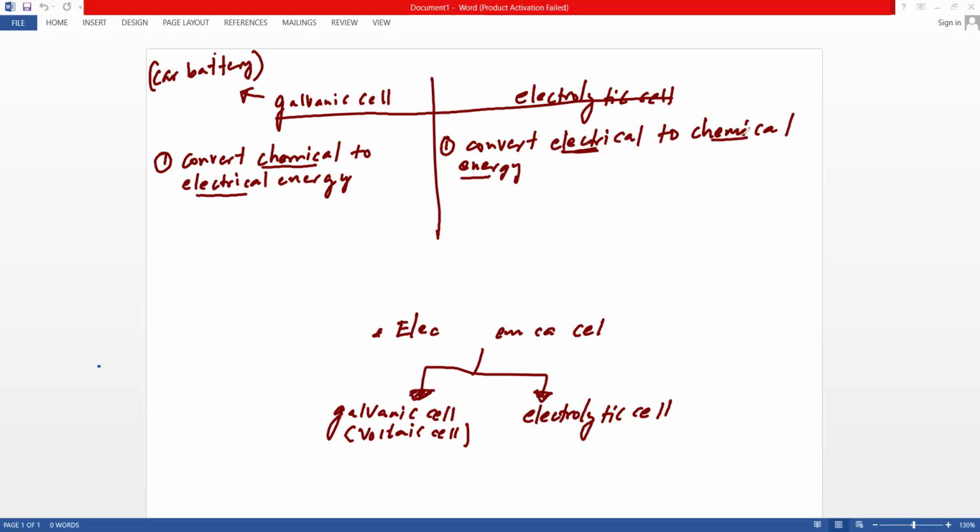I believe you are able to get the difference. Number two, the reaction that takes place in a galvanic cell is spontaneous.